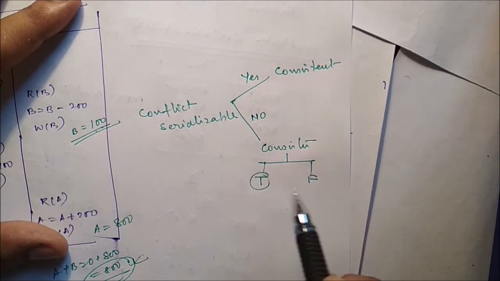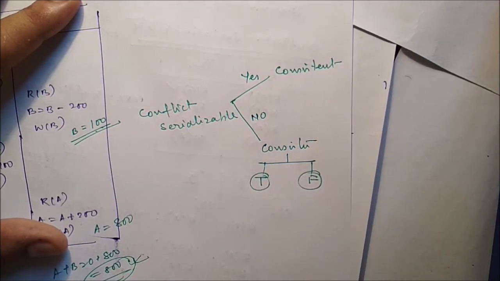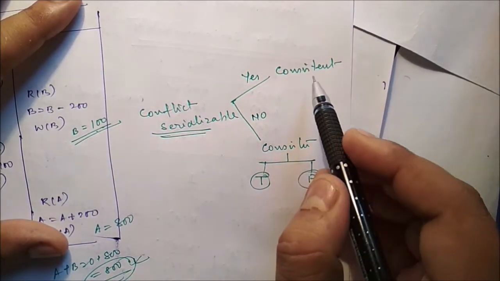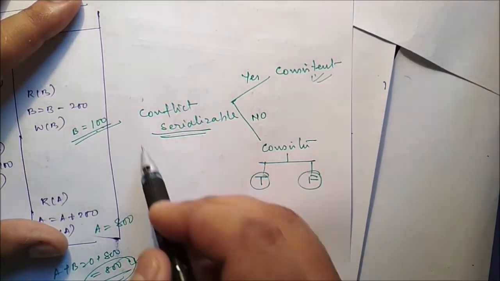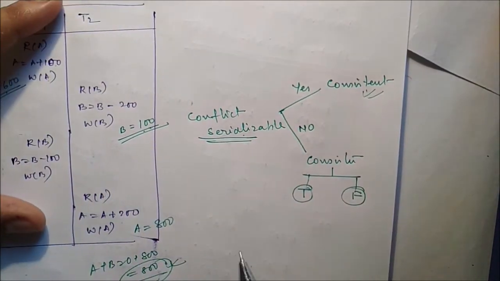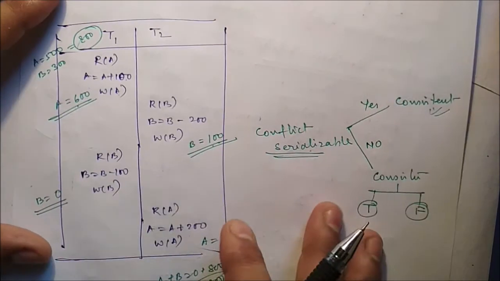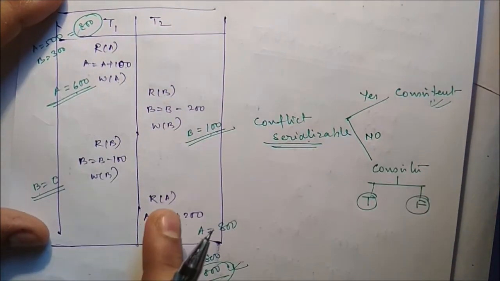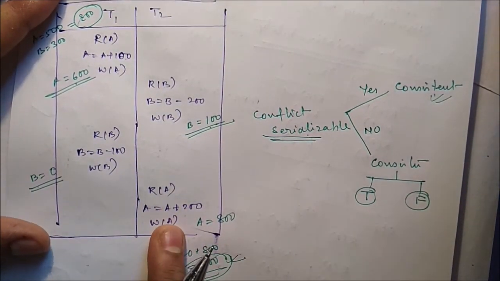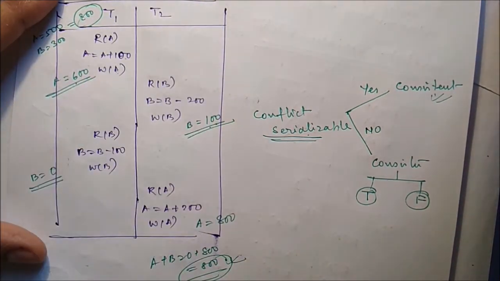Consistency may be there or may not be there. But if it is conflict serializable, then definitely it is consistent. If it is not conflict serializable, the schedule may be consistent or may not be consistent. Now you can see this is not conflict serializable, but still it produces a consistent result.